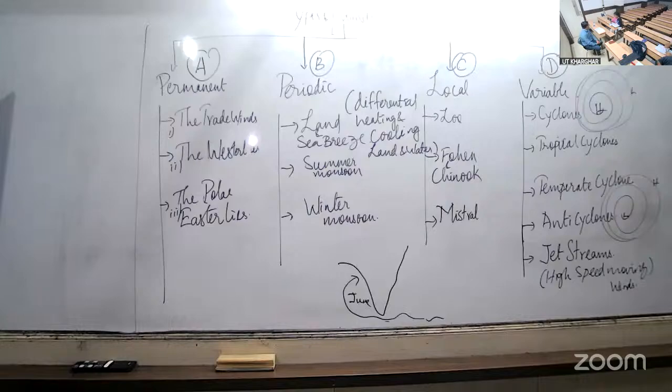Now write summer months. Vertical rays of the sun on the major land masses, creating high temperature and low pressure.